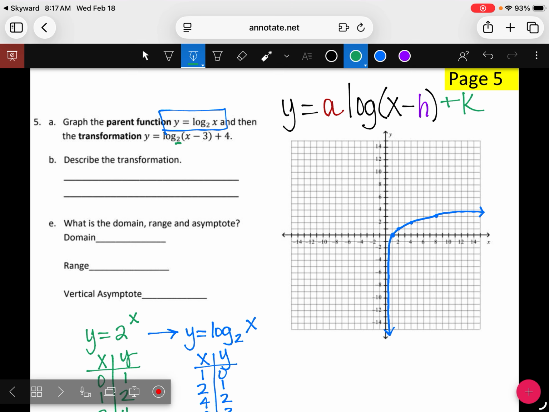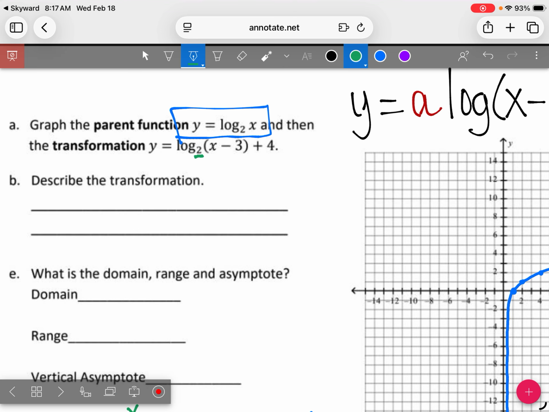So the number in front of log, if you don't see a number, that means that it's 1. So whenever a equals 1, it is no change. So a lot of you on the last test put that it was reflected or stretched. When a is 1, we don't do anything with it.